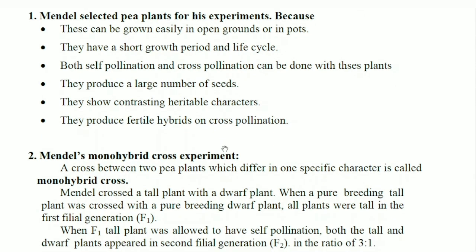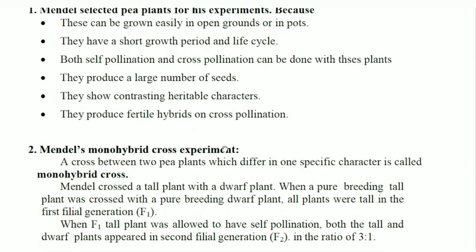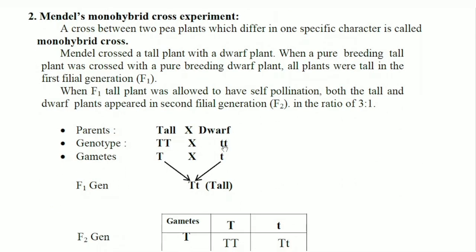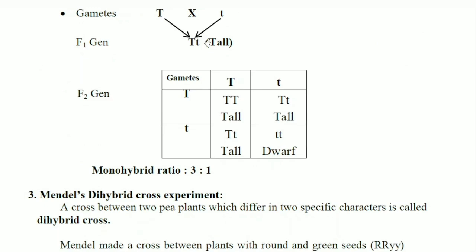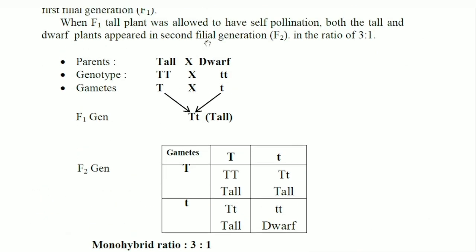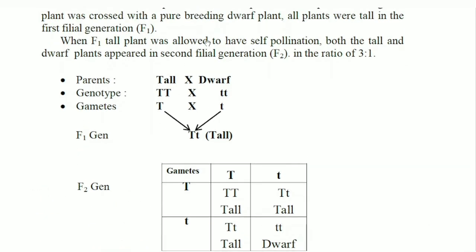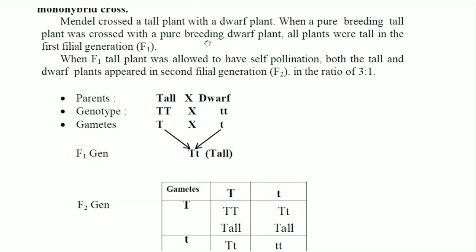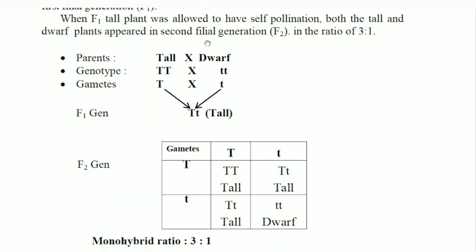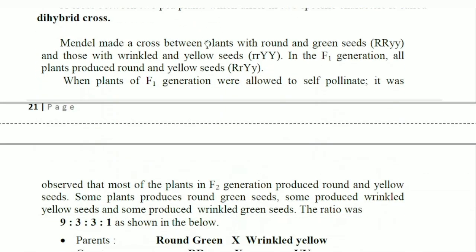And the next one is a very important question. Mendel's monohybrid cross experiment and also Mendel's dihybrid cross experiment. Because in the exam one question will be there. We don't know which type of question, maybe a monohybrid or maybe a dihybrid. In this model question paper, they asked the dihybrid cross experiment.